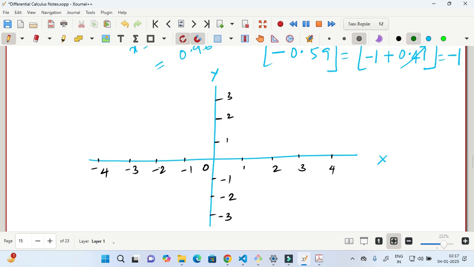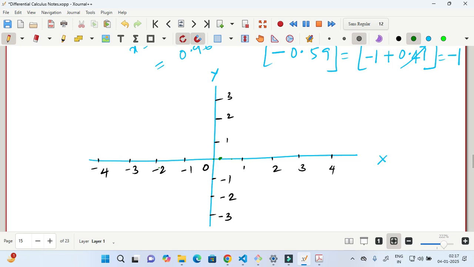Now let's plot the graph. At 0.1, what value is it? Answer is 0. So at 0.1, it is 0.